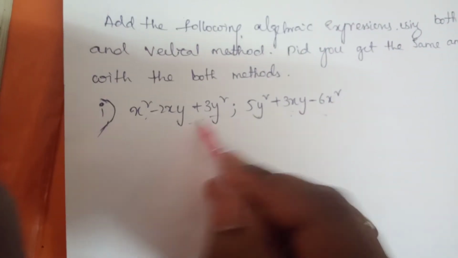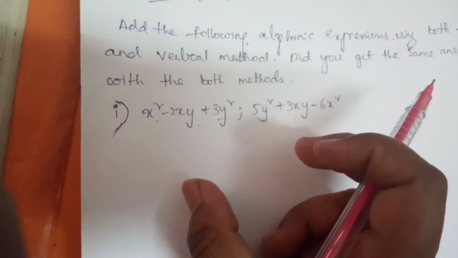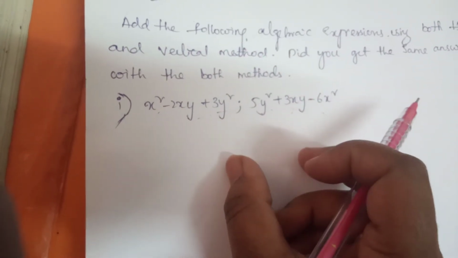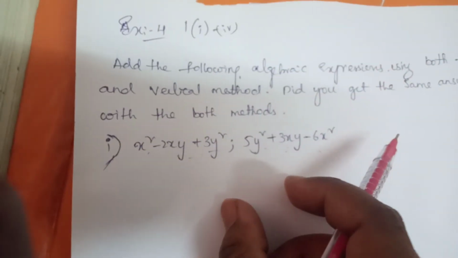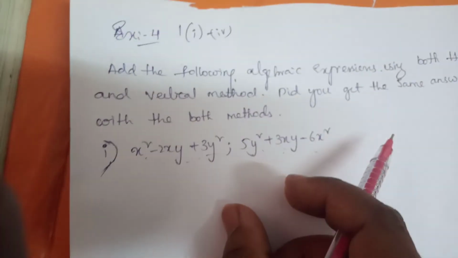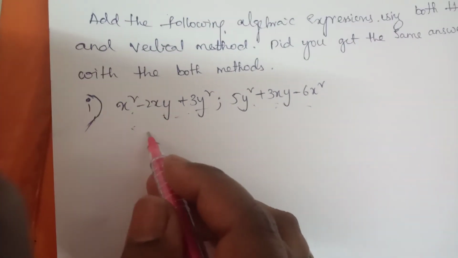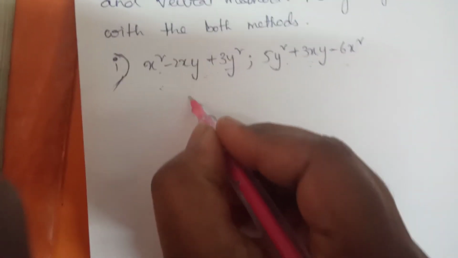From these we are going to do the two methods, the vertical method as usual and the horizontal method also. From these two we are going to get the same answer. So let us do addition.